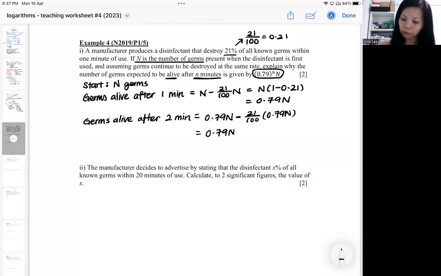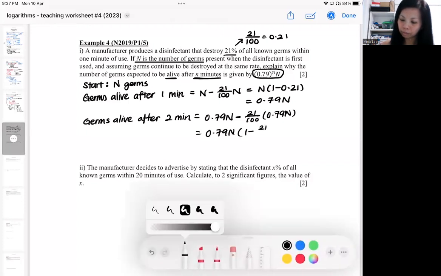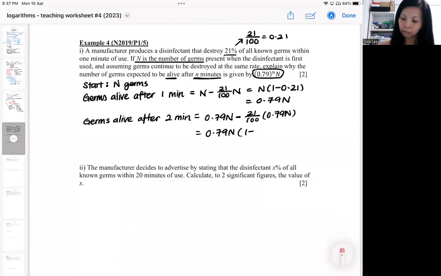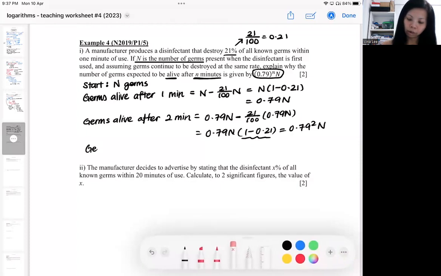The common factor is this, and this part is another 0.79. Then you can try the idea of germs alive after 3 minutes.